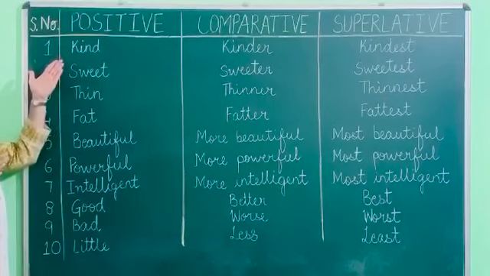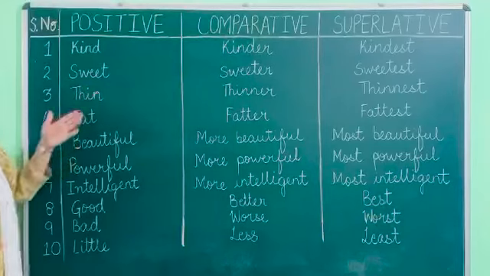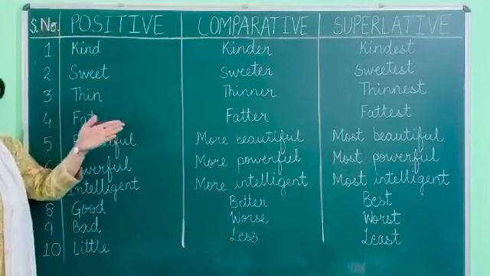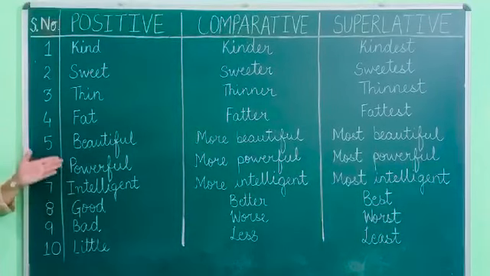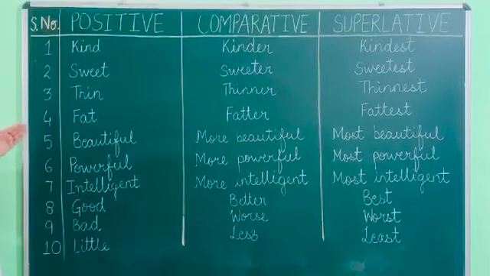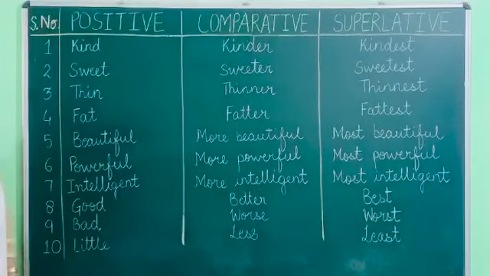How when the word was one syllable you were adding ER or EST, where there were two syllables you were adding more and most, and a few exceptions to the rules. Please have a look at these 10 words nicely and write them in your notebooks.